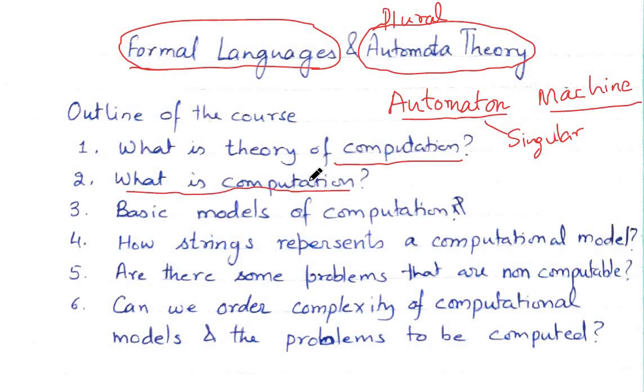Now, once these things are done, we are going to talk about some basic models of computation. When we say basic models, it means that we are going to give you some ideas and intuitions on how computational models, mathematical models can compute things, or how we can abstract them into mathematics so that we can have a model that can help us know what kind of things can be computed.